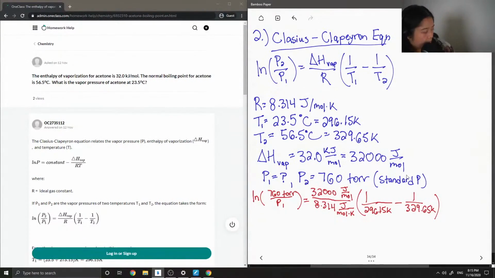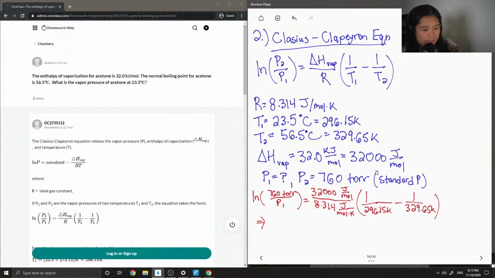Okay, so now if you plug all these values in to the calculator, you want to make sure you do what is in brackets first. So I would personally do the 1 divided by 296.15 separately, and then minus bracket 1 divided by the 329.